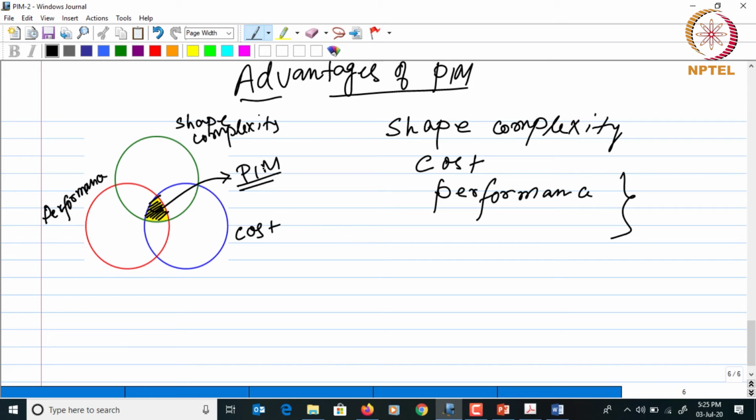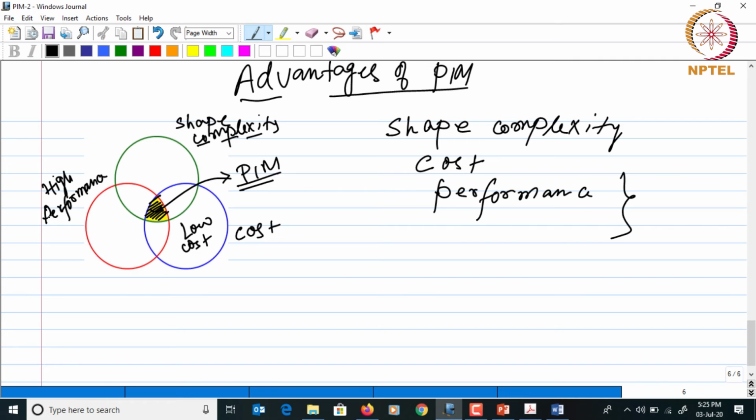Which means the PIM process can include all of these advantages into one single process. Okay, so complex shapes can be handled easily. It will be a low cost process, and the performance should be high.